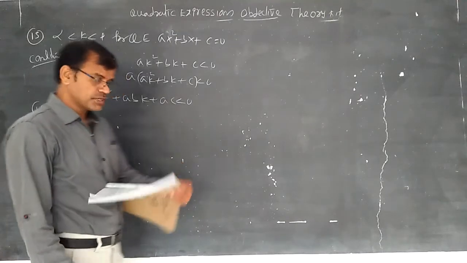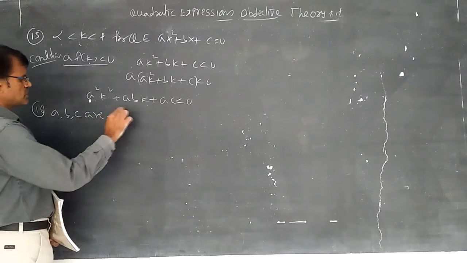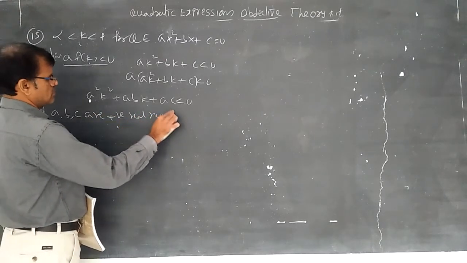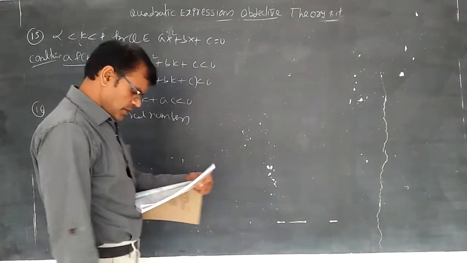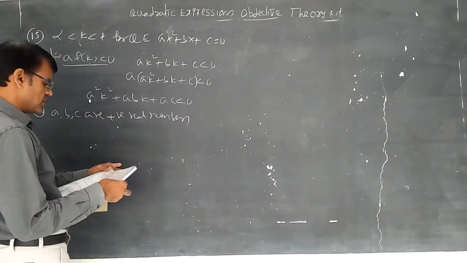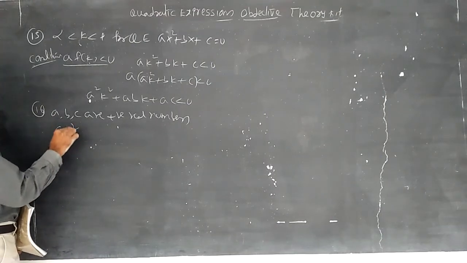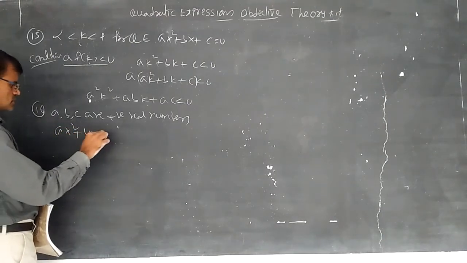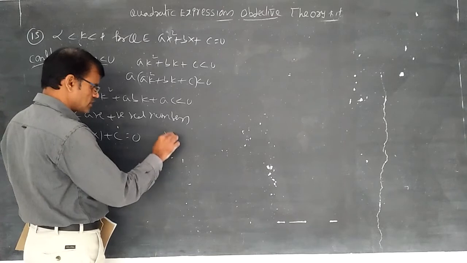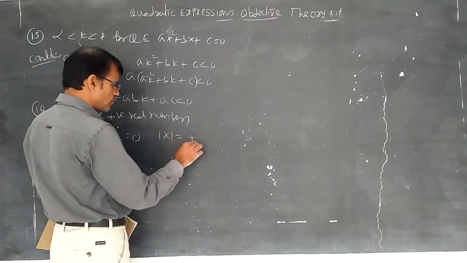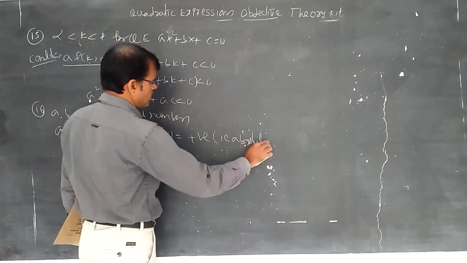If a, b, c are positive real numbers, then the number of real roots of the equation ax square plus b mod x plus c is equal to? Students, here you should understand that mod x is positive, that is the absolute value of variable x.